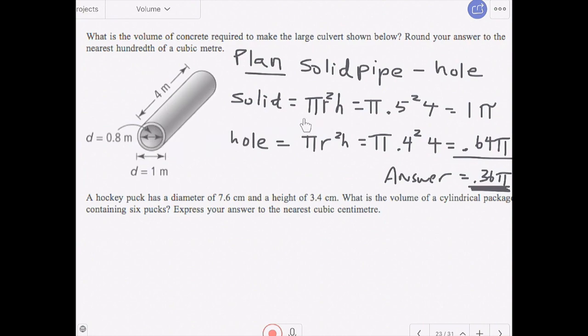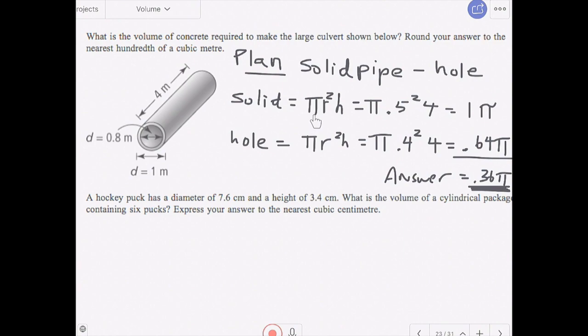So basically there are 2 cylinders here, the outer shell and then the inner hole of the pipe. It's called a culvert here, which I imagine they probably use in like drainage or sewage.